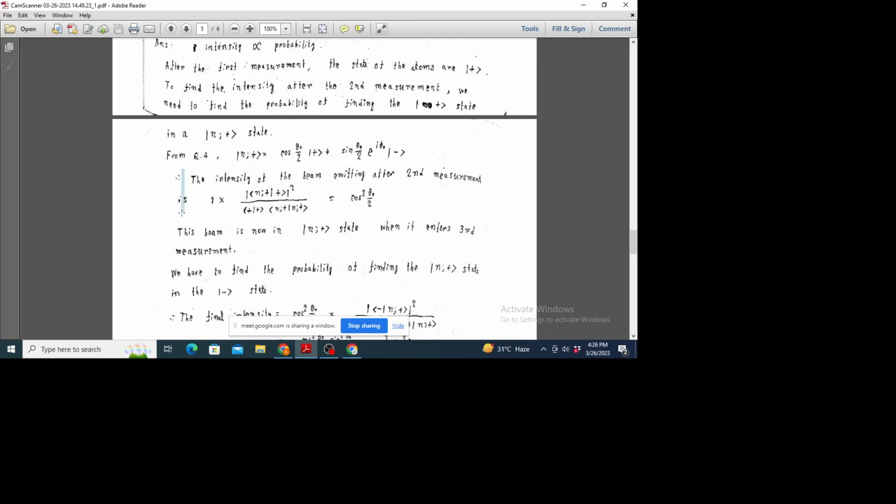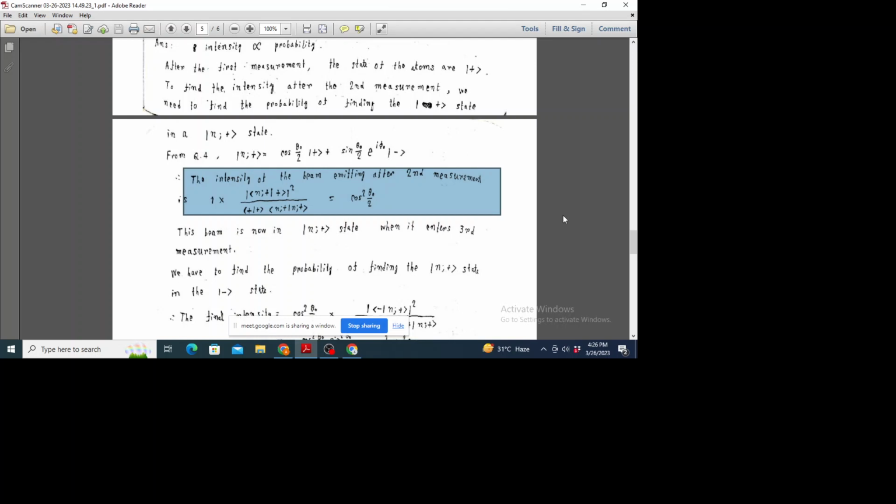So the intensity of the beam emitting after the second measurement is this one, cos squared theta naught by 2.